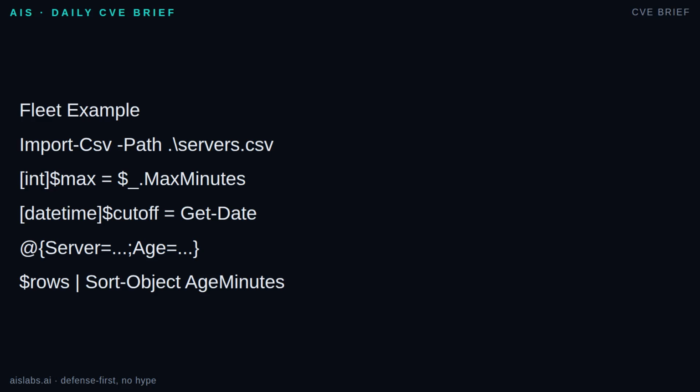Get the operating system data with Get-CimInstance -ClassName Win32_OperatingSystem -ComputerName $serverName. The LastBootUpTime property comes back as a datetime in modern PowerShell CIM output. Calculate age with (Get-Date) - $os.LastBootUpTime. Store each result in a hashtable or custom object: server, boot time, age minutes, threshold, compliant true or false. Now sorting and comparison are real math.